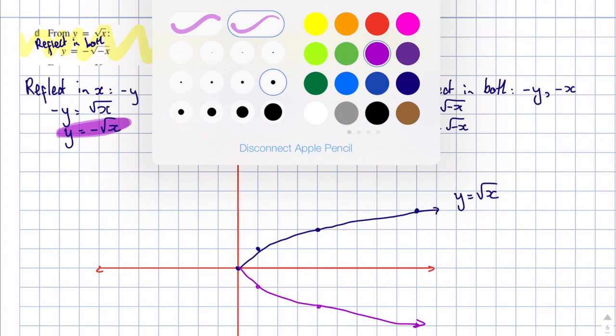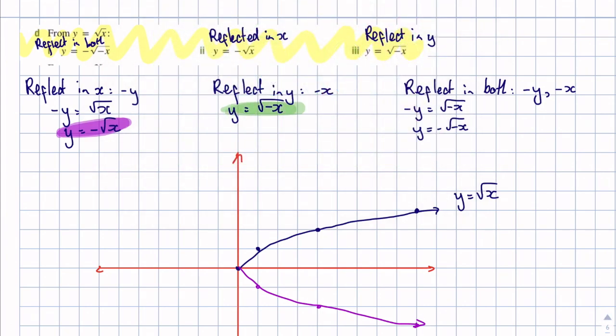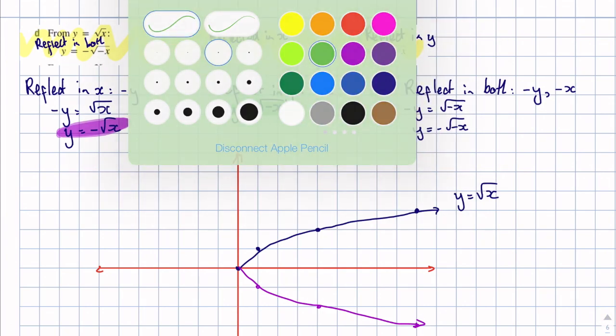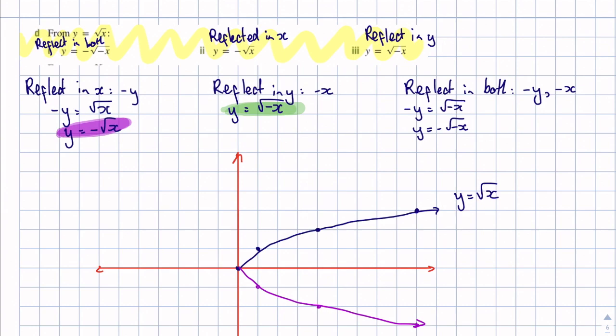Okay, if I were to reflect in Y, I'd have my root minus X. Now, stop thinking about trying to take the square root of a negative. Well, actually, yeah. But this time, I can't do root positive 2. No, I've got to do root negative 1, root negative 4, root negative 9.